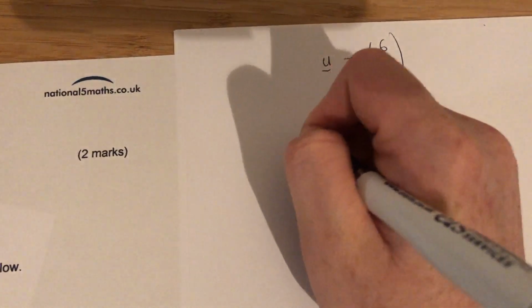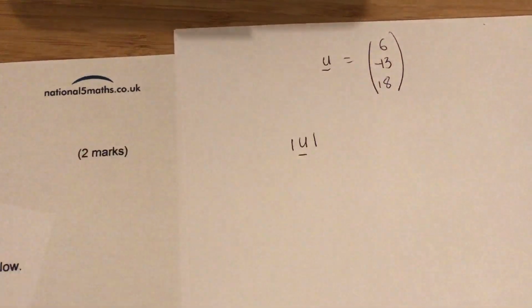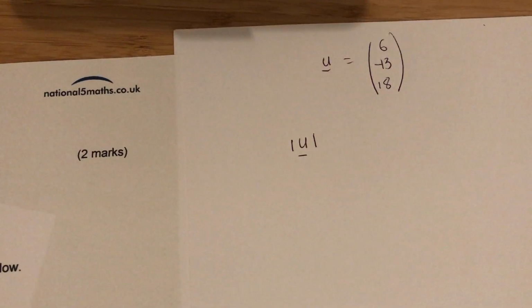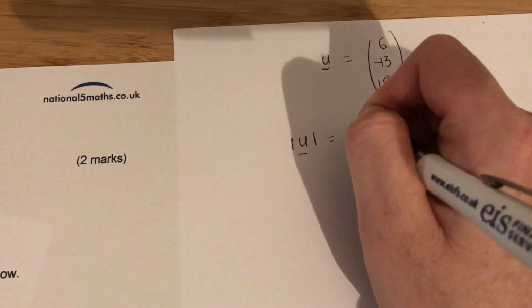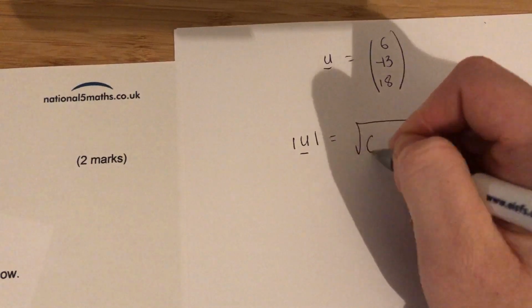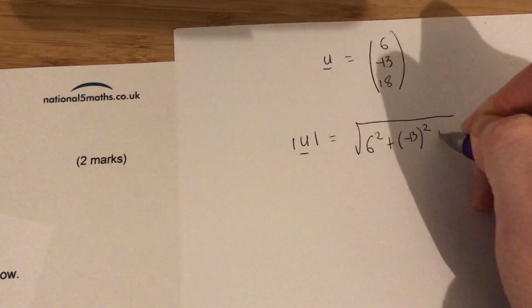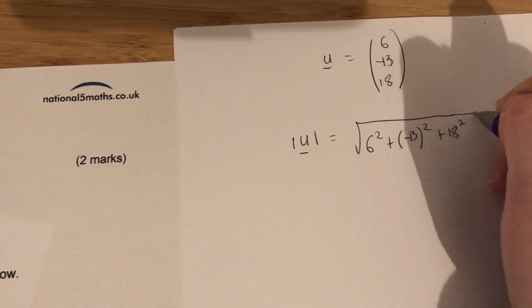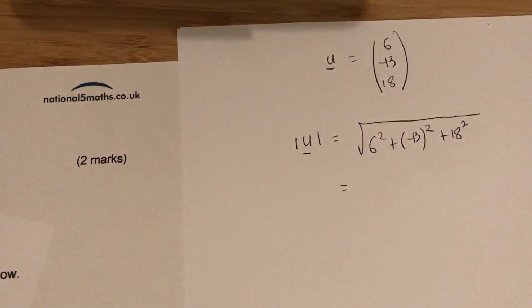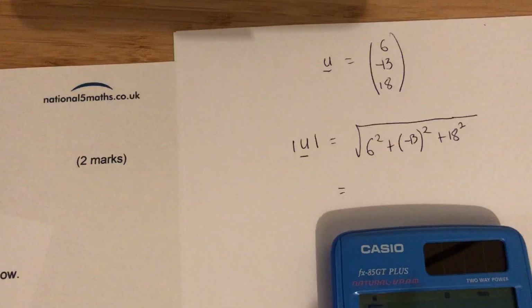And so the magnitude is going to be the square root of 6 squared plus negative 13 squared plus 18 squared, which, this is a calculator paper, you can put it straight in.